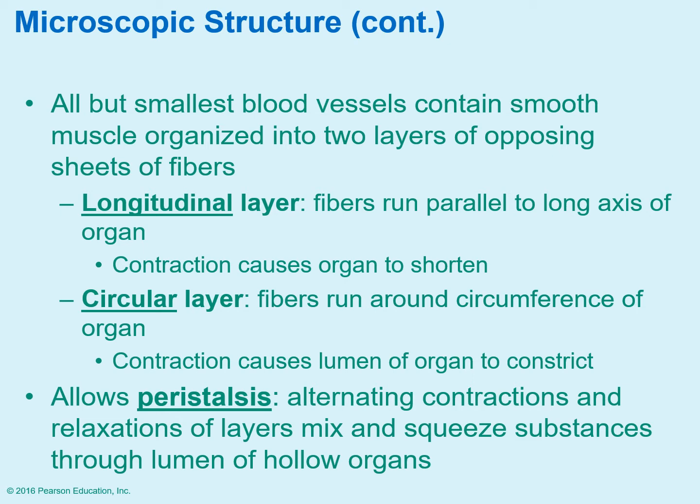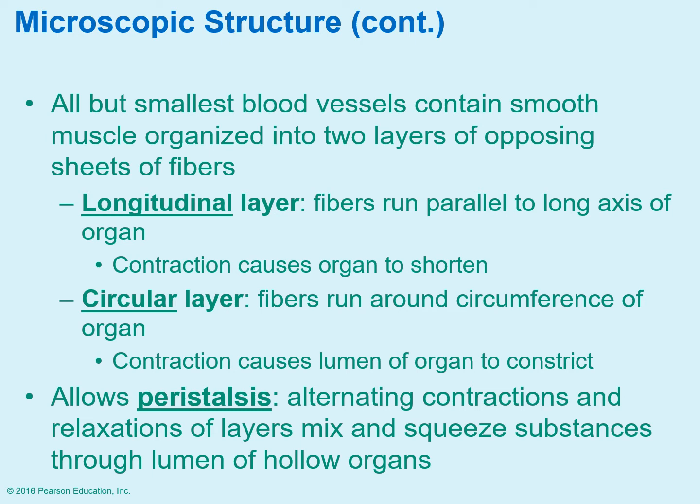With your organs that do have smooth muscles, typically you have layers of them. You have at least 2 layers of them. And the fibers are organized so that the sheets of fibers are going in opposite directions. That makes it stronger. So you have longitudinal fibers, this layer where the fibers are going parallel to the long axis.